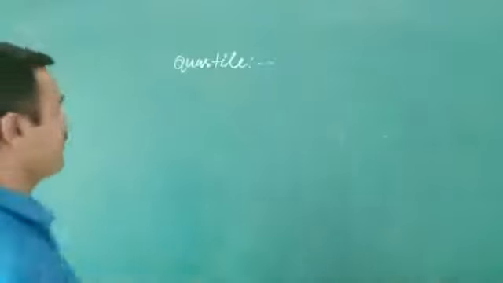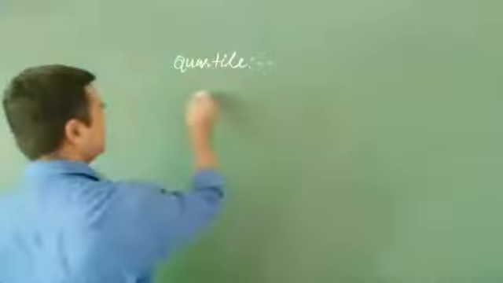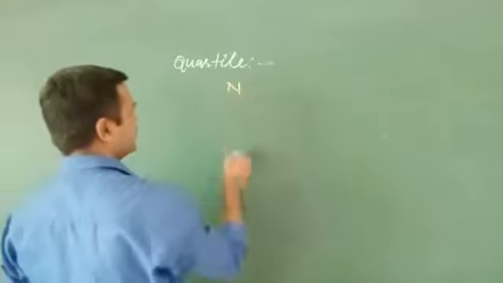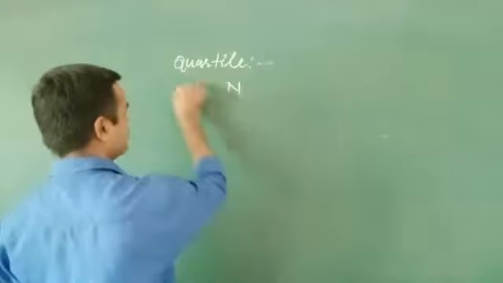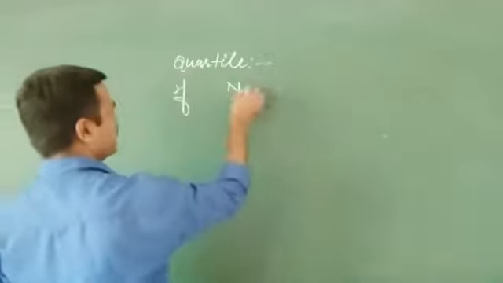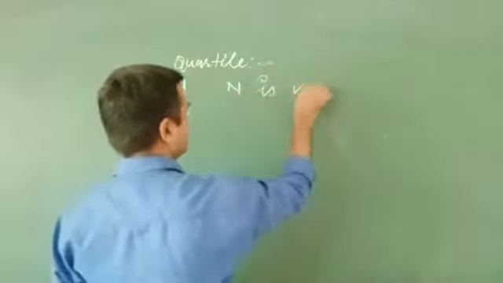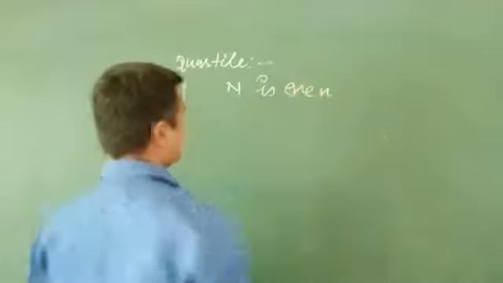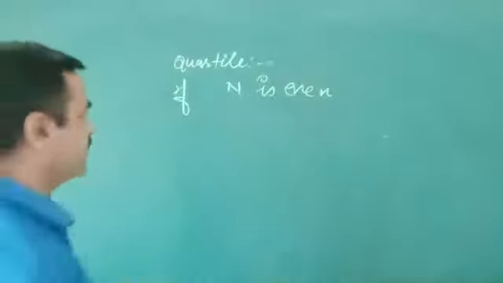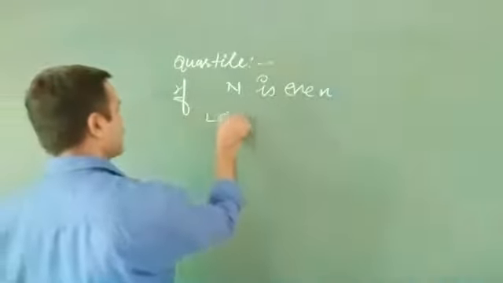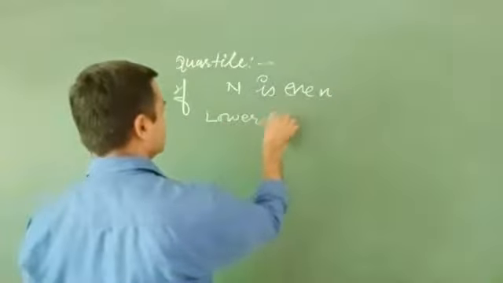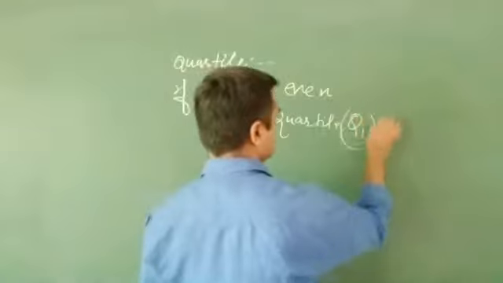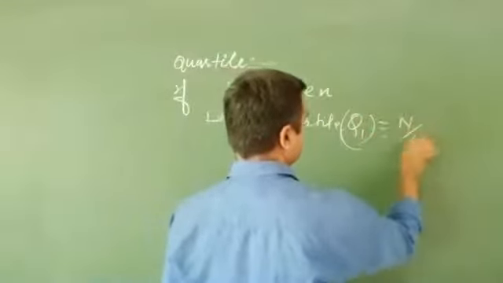See, here if it is n, then if n is even, then lower quartile Q1 is n/4.